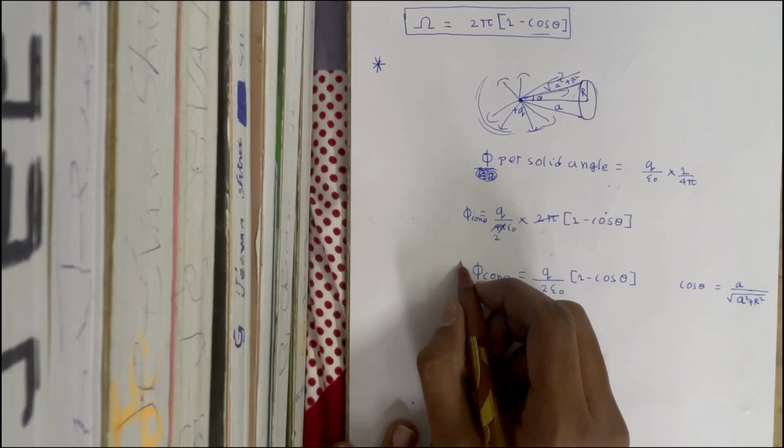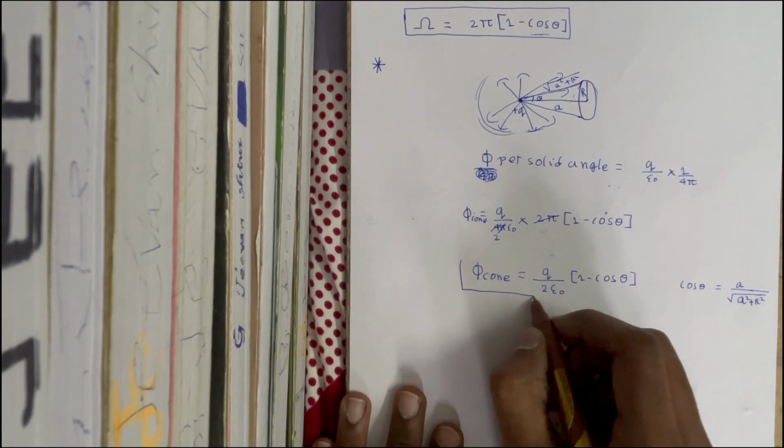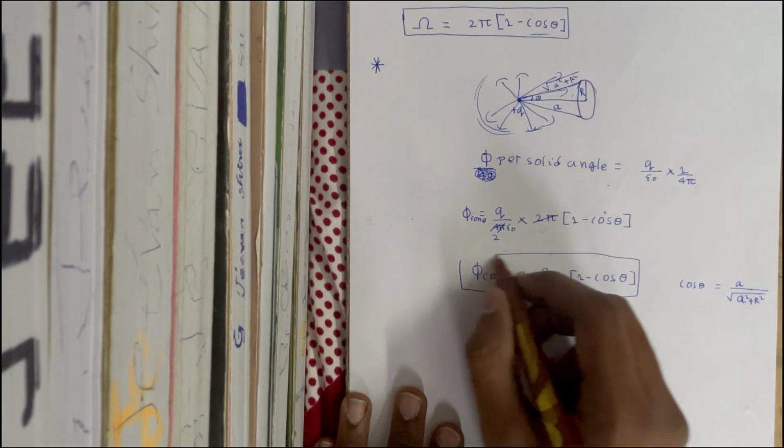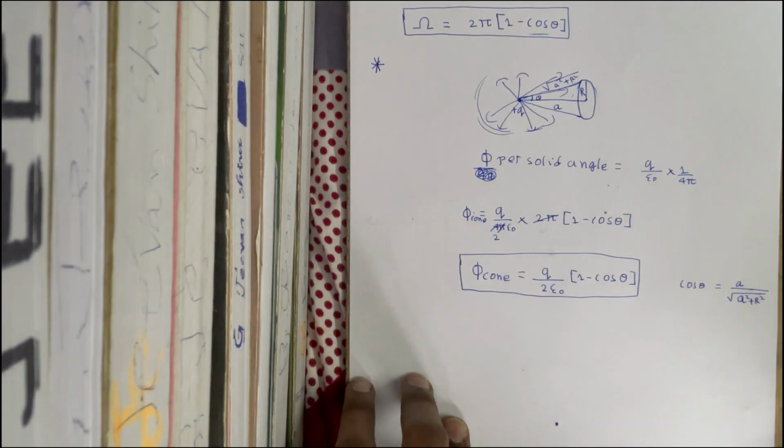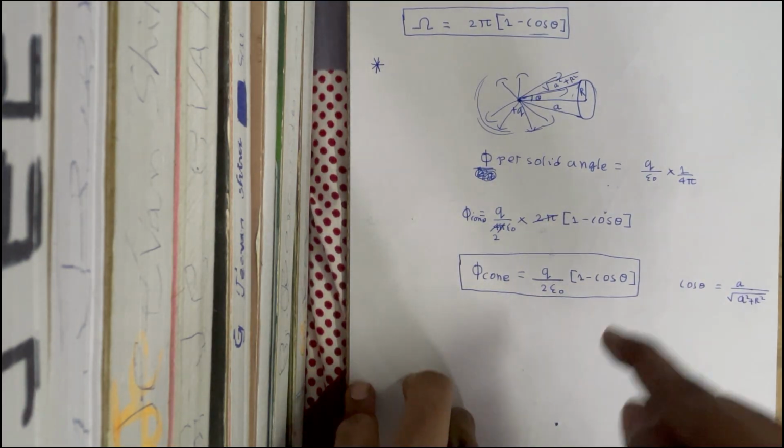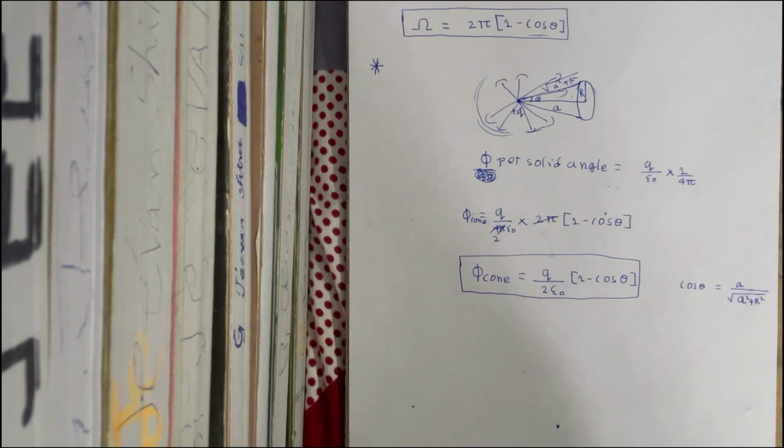So we figured out the flux through the cone, which was a lot simpler using solid angle than the manual approach.